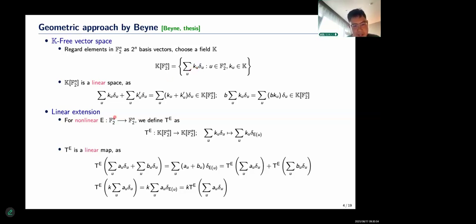Regarding the input and output of cipher E as the key-free vector space, we can define a linear extension of a nonlinear cipher E as T_E in this way. Every input basis vector is mapped to the output basis vector. You can verify that T_E is indeed a linear map because it is closed under addition and scalar multiplication.